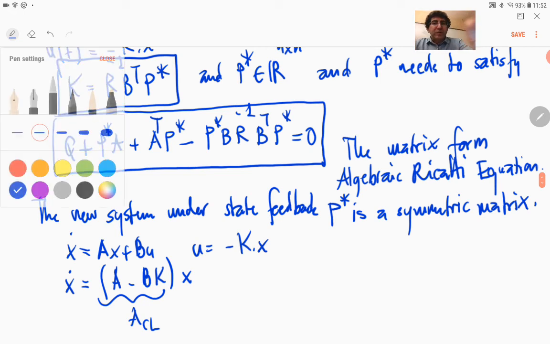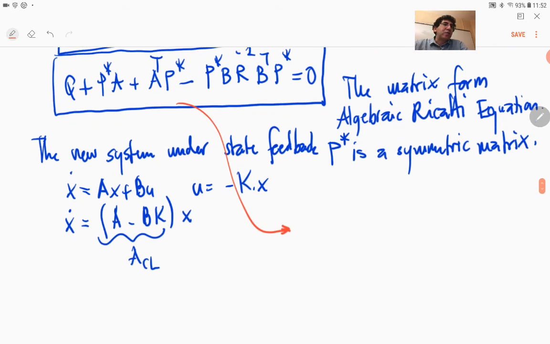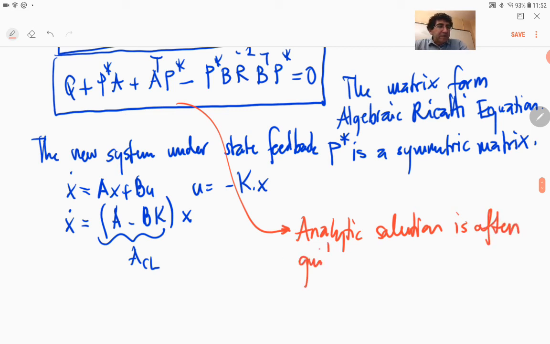Let me also note that the solution of this algebraic Riccati equation is often very difficult to solve analytically, okay? So analytic solution is often quite difficult.